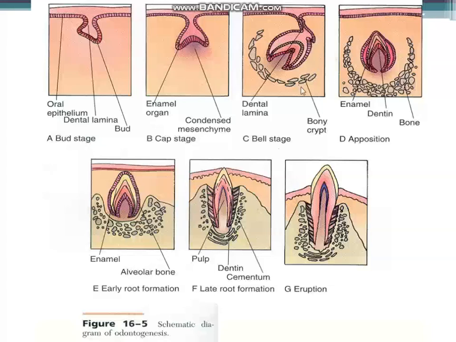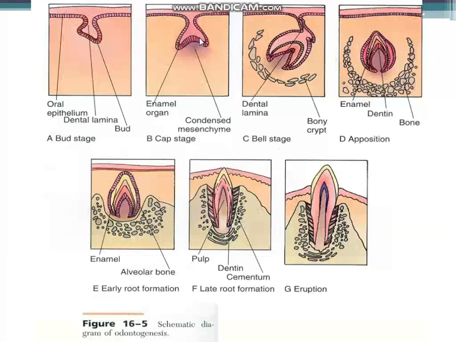It is a dense clump of cells located adjacent to the inner enamel epithelium. So adjacent to the inner enamel epithelium, we will have the enamel knot. It is a dense clump of cells, and it is inside of the inner enamel epithelium within the substance of the enamel organ.